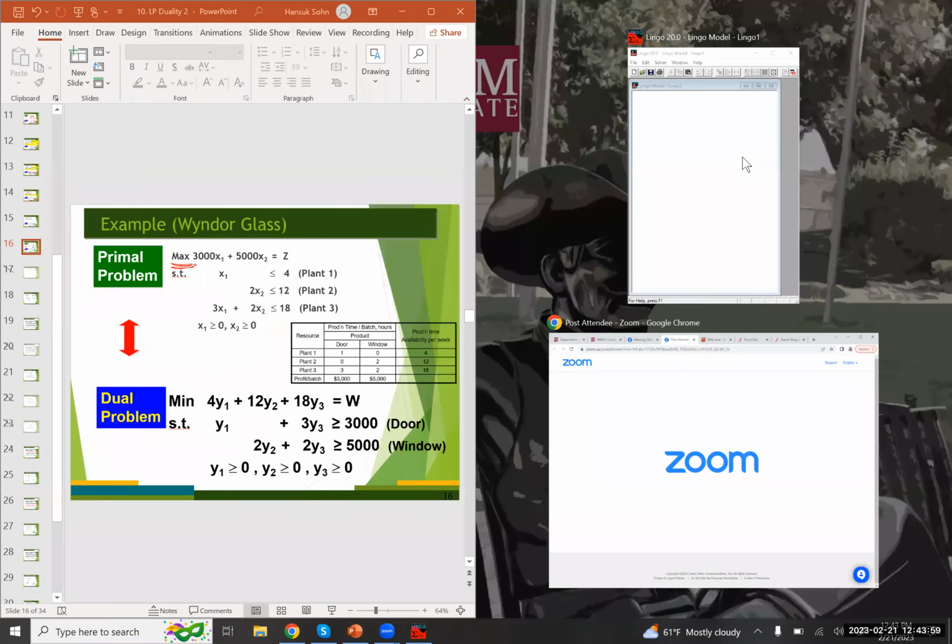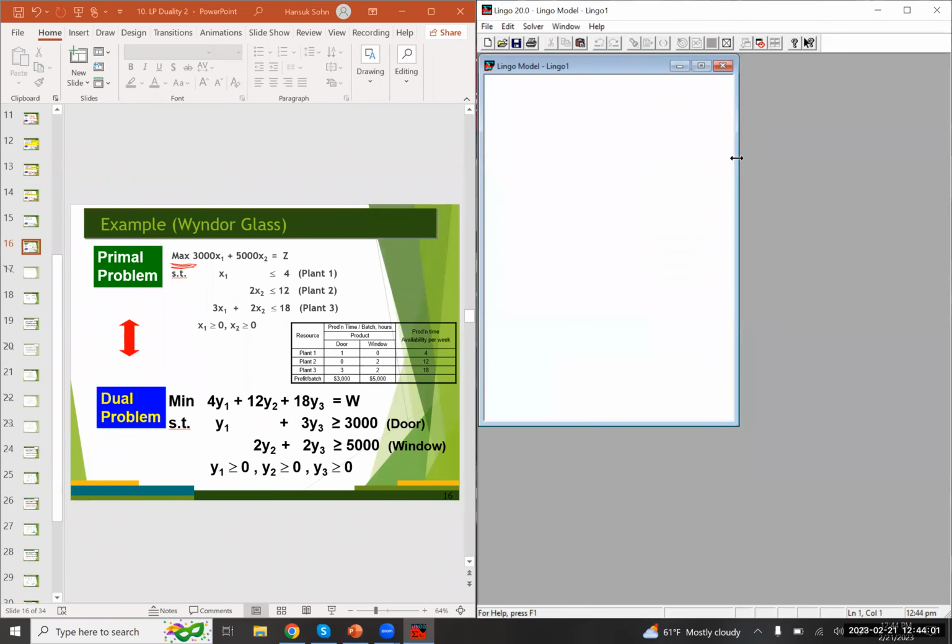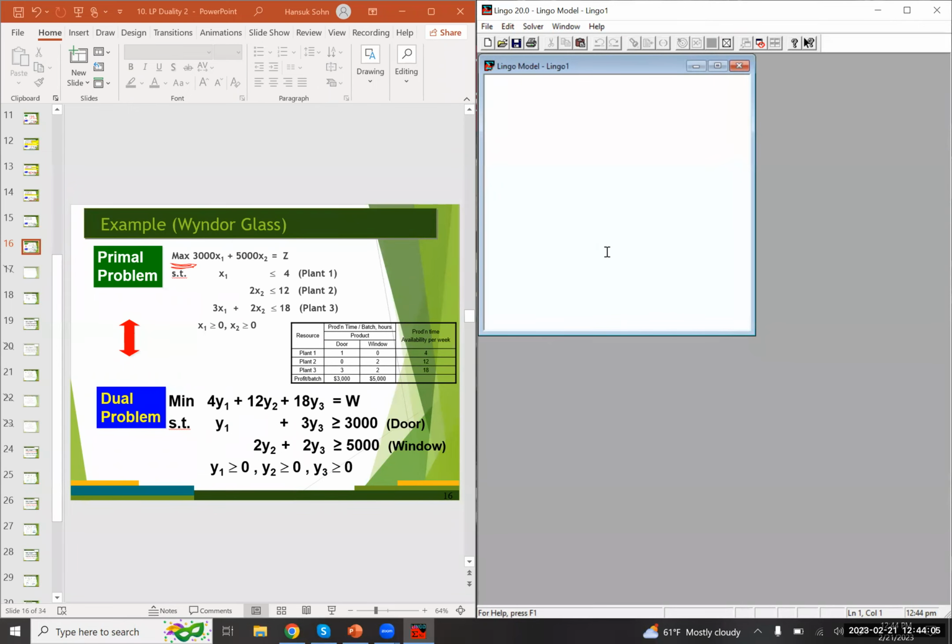The window is telling me that this is going to be the Lingo input. So I'm going to use Lingo input.